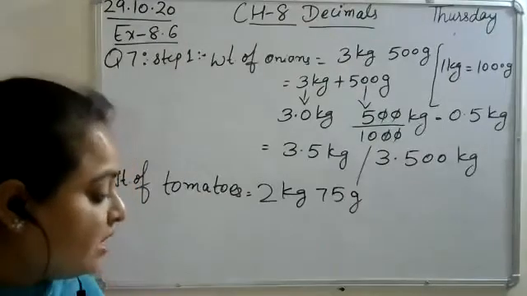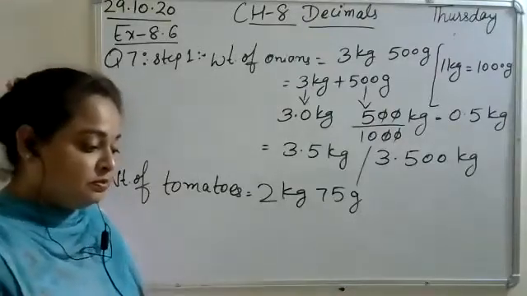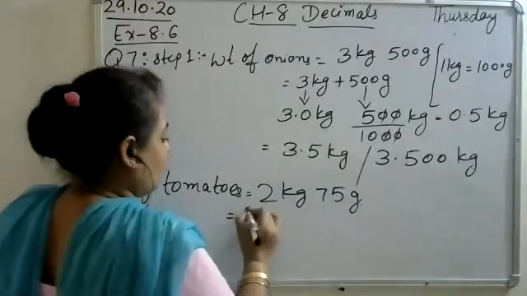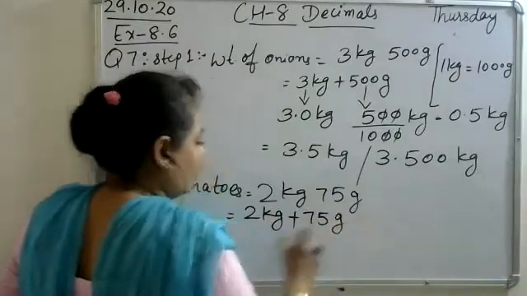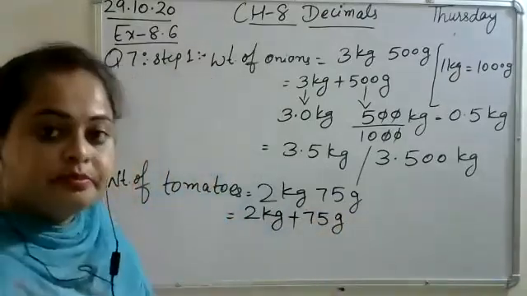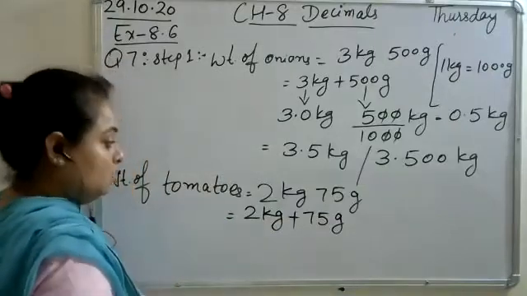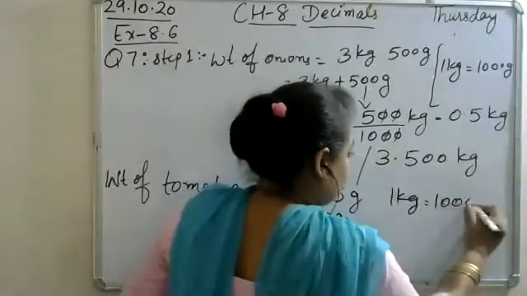Tell me the first step. 2 kg plus 75 gram. So this is 2 kilogram 75 gram. What is the next step? Now, to convert it to kg, 1 kg equals to 1000 gram. Very good. 1 kilogram is equal to 1000 gram.